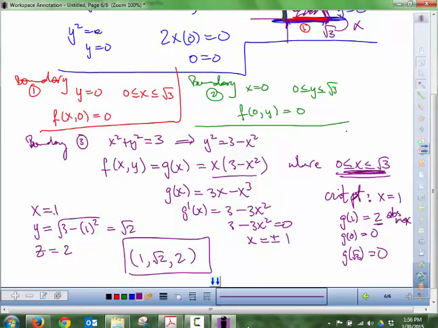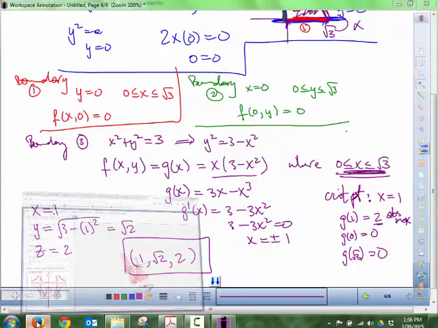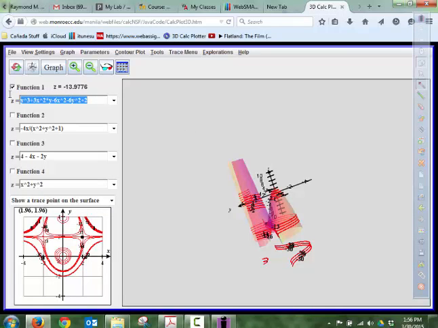So you guys want to see a graph of this? Let's quickly see a graph of this. This is just xy squared, right? That's an easy function.